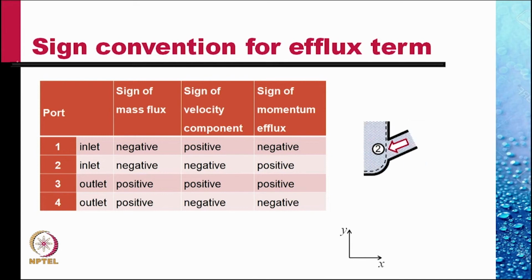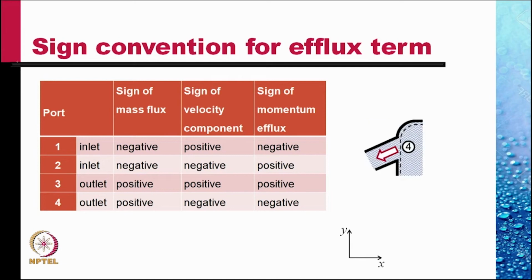If, however, the port was like this, again an inlet port, here the sign of mass flux V dot A is negative, but the velocity component is also negative. So the sign of momentum efflux is positive. At an outlet like this, the mass flux is positive, the velocity component is positive, so the momentum efflux is also positive.